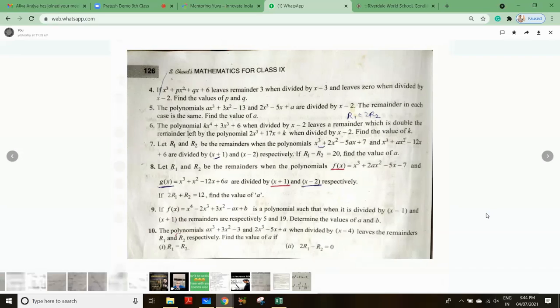Are you getting how to solve that question? No, sir. Okay, can you read the question? Yes, if x cube plus px square plus qx plus 6 leaves remainder 3 when divided by x minus 3 and leaves 0 when divided by x minus 2, find the value of p and q. So what is the difference between the second, third and fourth question?